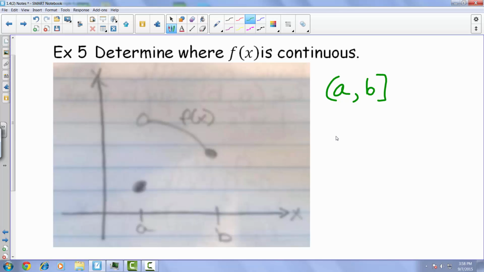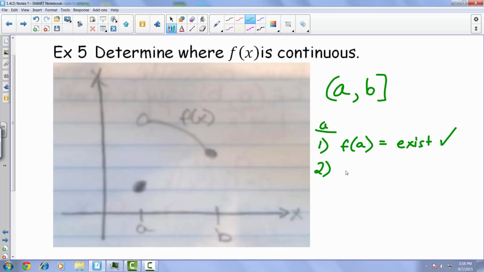But now we have to use our three-step criteria for proving continuity. So let's look at this endpoint a and see what's going on there. For the first one, is the function defined at a? In other words, is there a point there at a? Well, yes, there is. So it does meet our first criteria. It does exist.